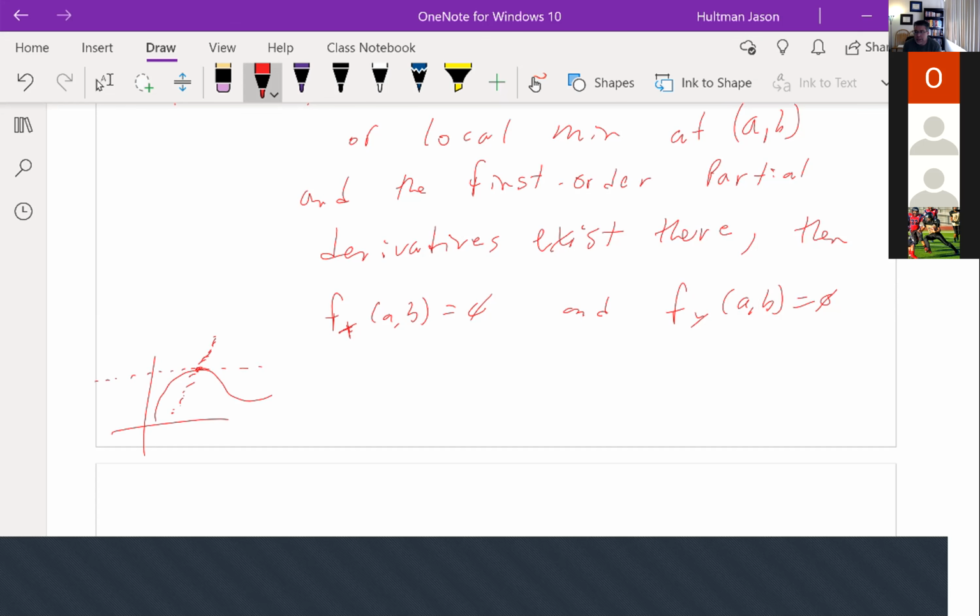Okay, so we just extend it to the same definition, same concept. If f sub x is equal to 0 and f sub y is equal to 0, boom, that's going to be a max or min, right? It's a maximum or minimum value.